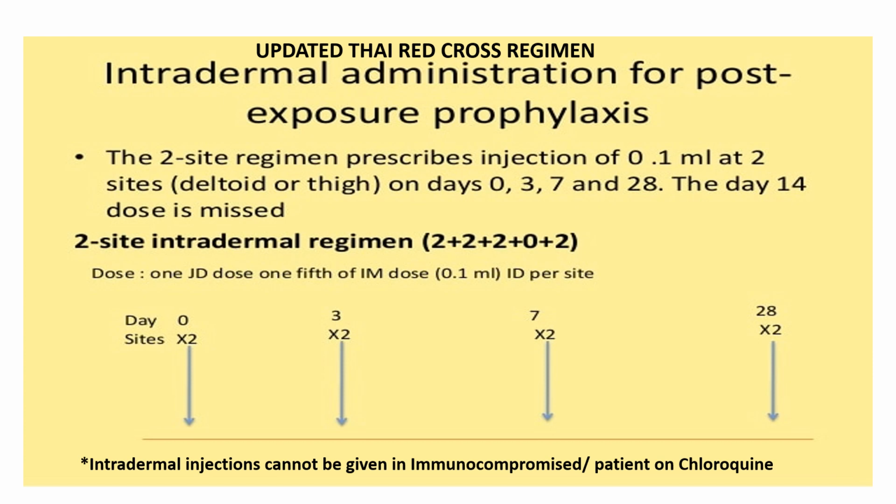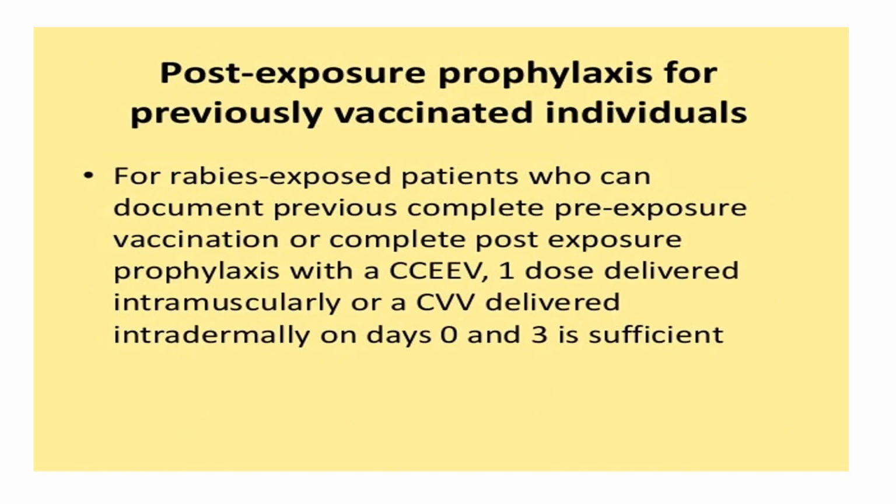The intradermal regime cannot be given in immunocompromised patients or patients who are taking chloroquine. For rabies exposed patients who can document previous complete pre-exposure vaccination or complete post-exposure prophylaxis with a cell culture vaccine, a first dose delivered intramuscularly or intradermally on days 0 and 3 is sufficient.